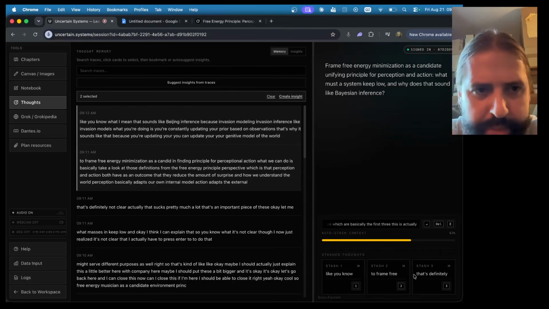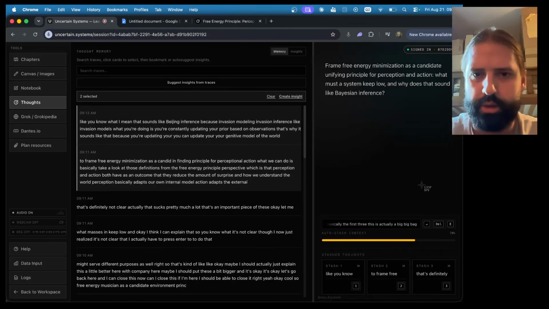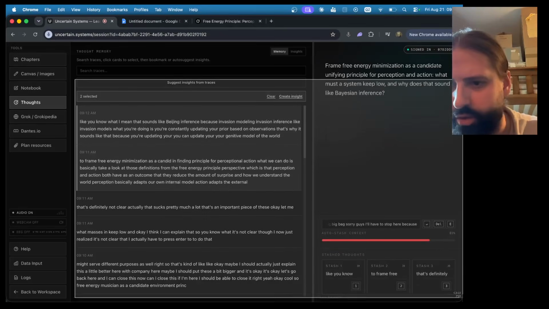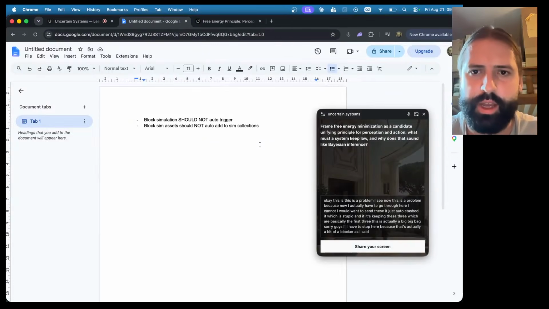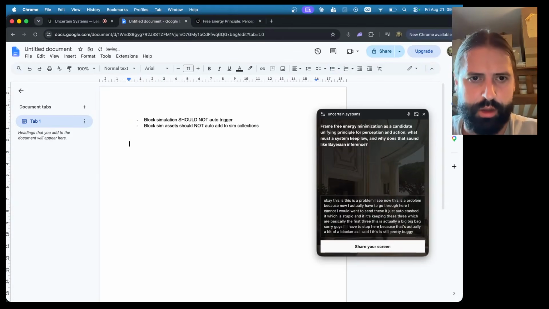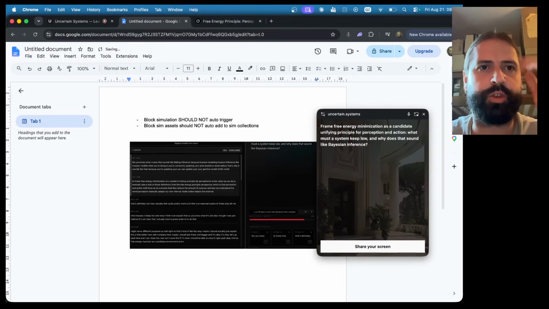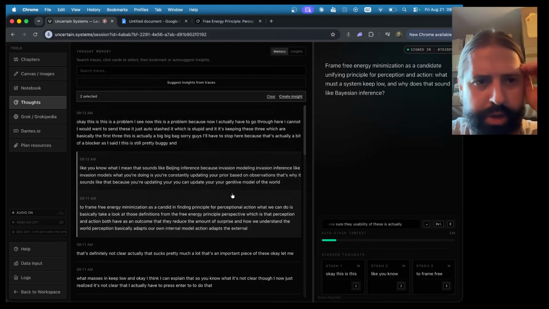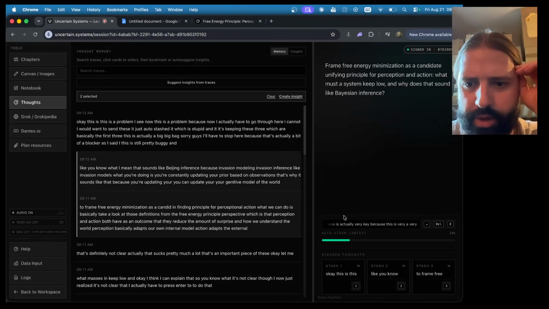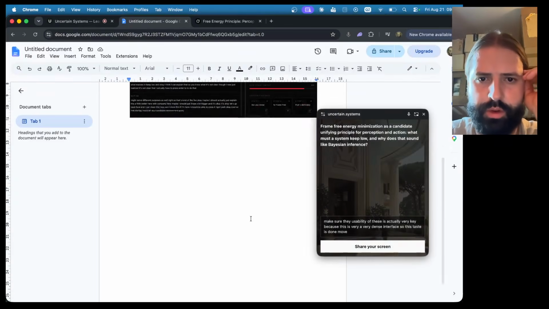This is actually a big bug. Sorry guys, I'll have to stop here because that's actually a bit of a blocker. As I said, this is still pretty buggy. I just want to make sure the usability of these is very key, because this is a very dense interface. So the stashes don't move.